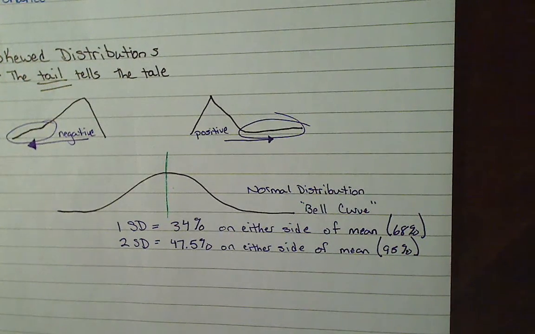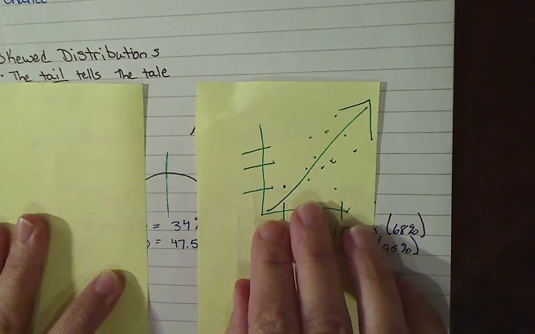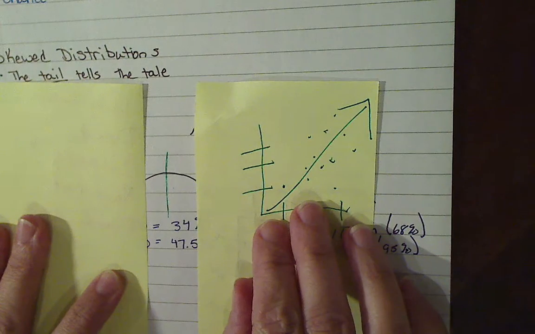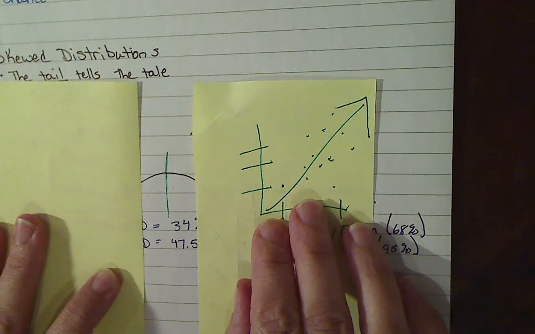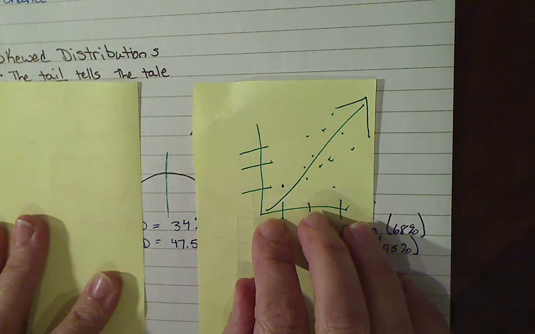I'll use my Post-it notes. Here's your average. This area in between, that's one standard deviation. So that's 68%, but realize that 34% falls on the right of your average and the other 34% falls on the left.